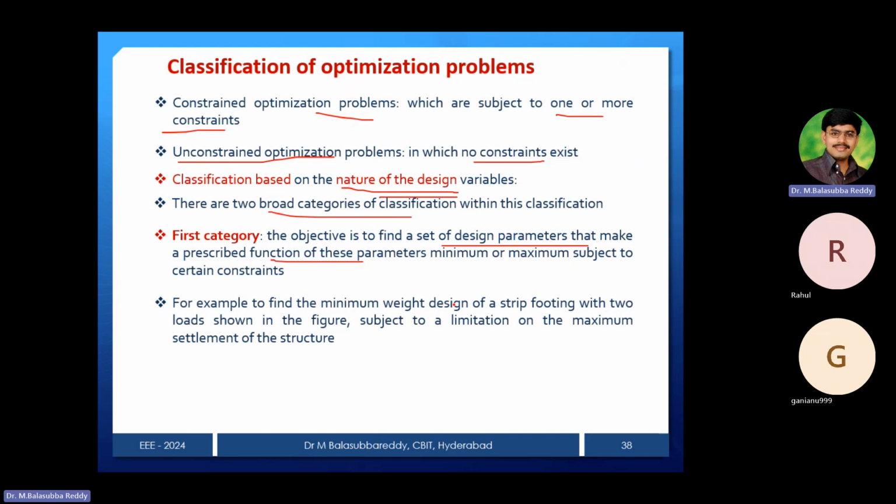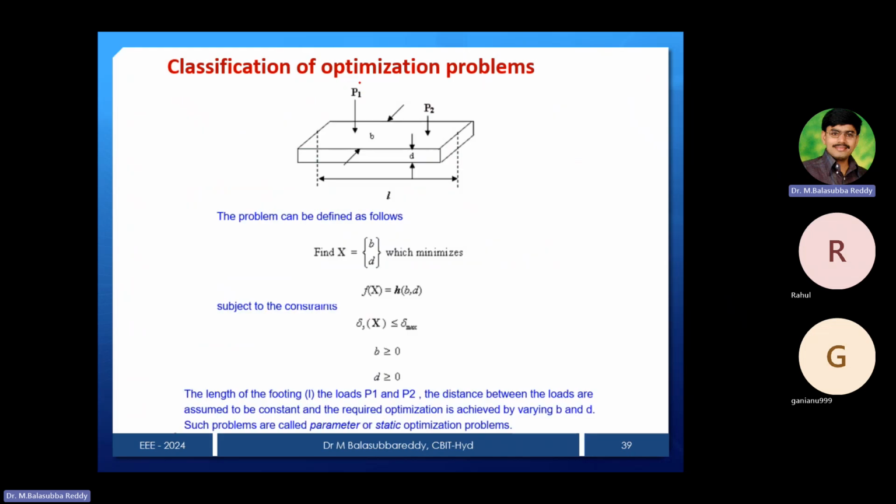For example, to find the minimum weight design of a strip that carries two loads. These are the two loads P1 and P2, and our objective is to minimize the weight, in such a way that we decide where to place P1 and P2.